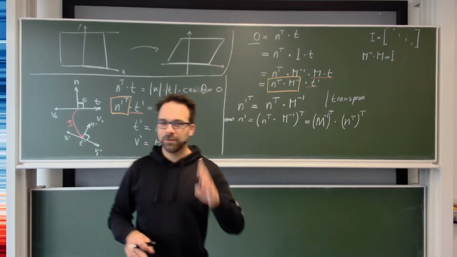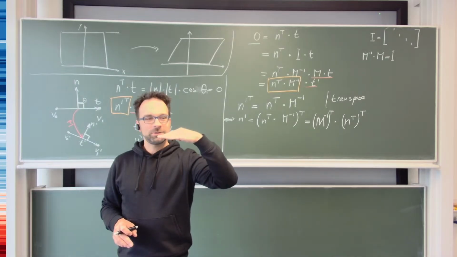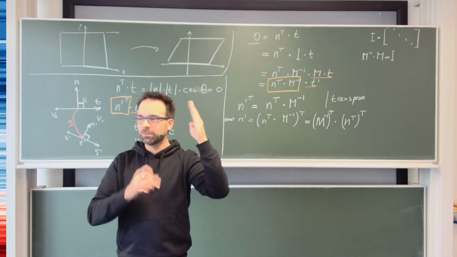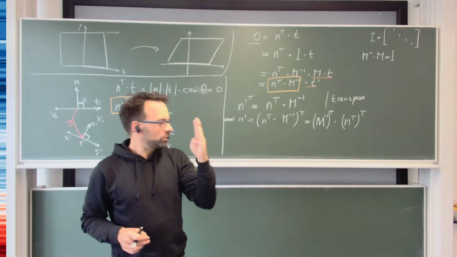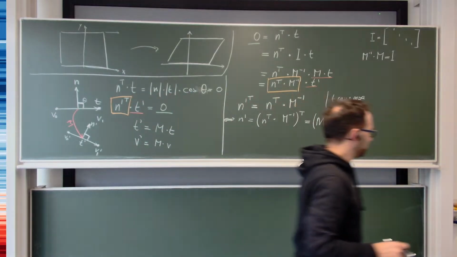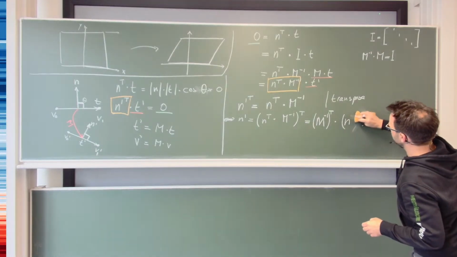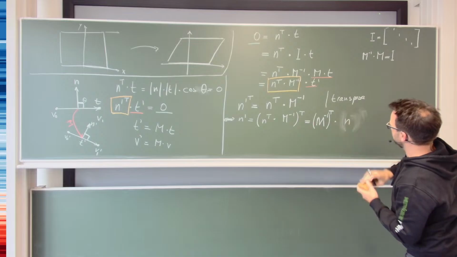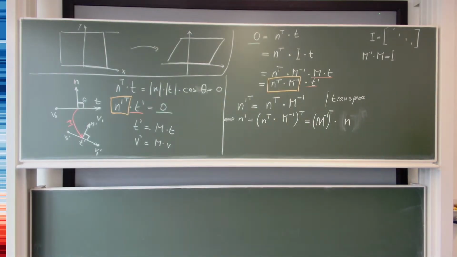That is just n, because if you take the column vector, transpose it to a row vector, and transpose it back to a column vector, you end up with what you started in the beginning. Okay? So those two transpose operations cancel each other out. And then we're done.